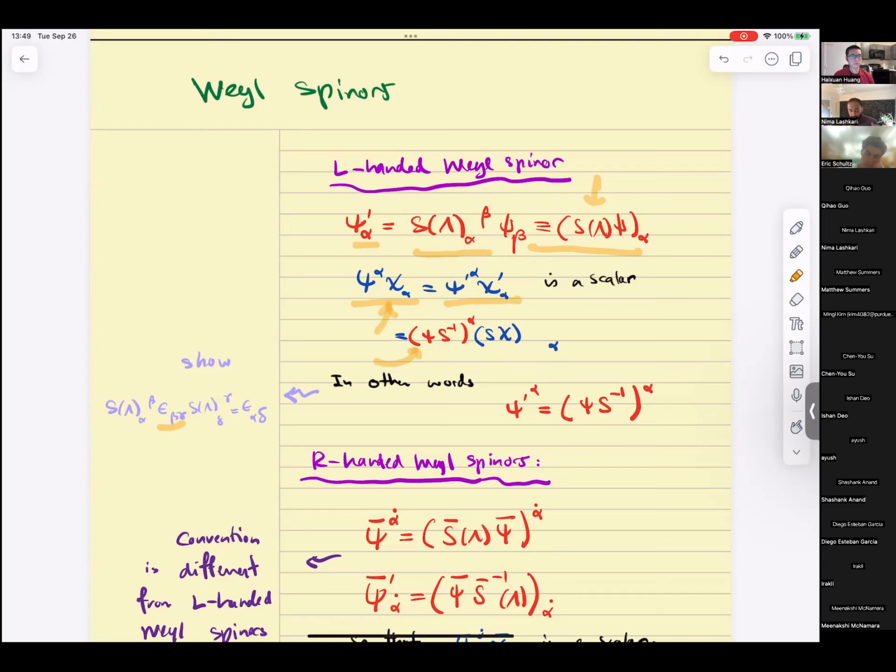That's just because this quantity has to remain invariant. Is that part clear? If that is a little bit confusing, you could try to work out this identity, convince yourself it is correct, and then using this identity, you could directly work out the transformation laws for ψ'^α. Any questions?